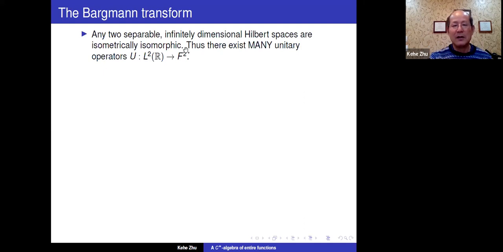The Fock space of the complex plane is a separable Hilbert space, infinite dimensional. I also have L2(R), that's also an infinite dimensional separable Hilbert space. So theoretically, there are many unitary operators from L2 to F2. And when you say unitary operator, I mean a linear mapping that is one-to-one, onto, and norm-preserving. So operator theory on L2 theoretically is equivalent to operator theory on F2.